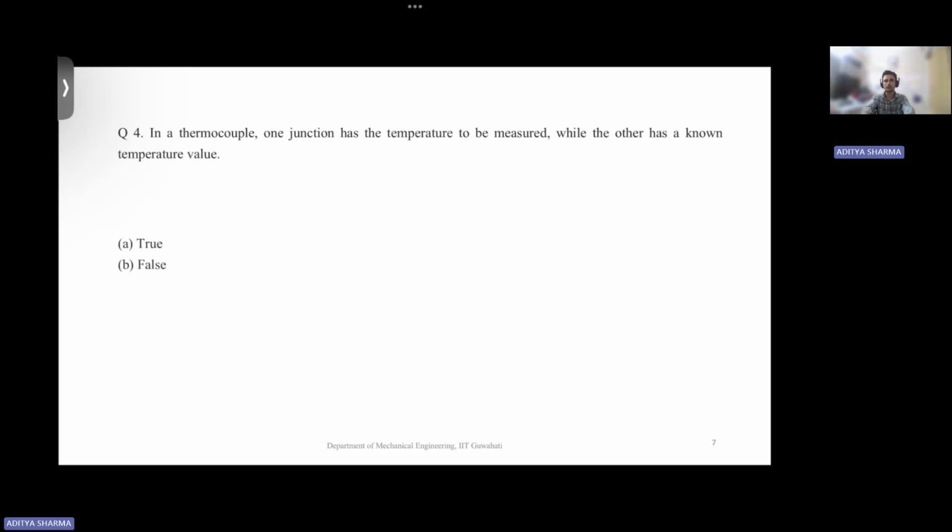And fourth question is there. Please try to give an answer to this question.